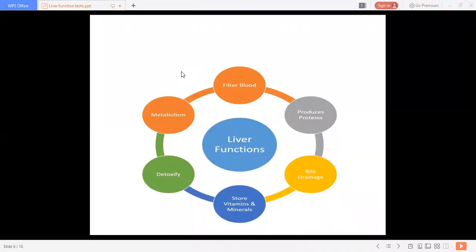So this ratio should be 2:1, that is, two molecules of albumin to one molecule of globulin.